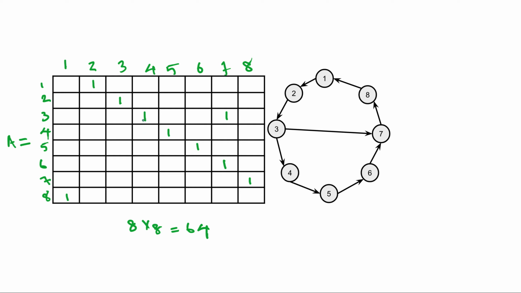But if you look at the number of edges that we have in this graph, you have 8 plus 1, 9, so you have only 9 edges, which means that 64 minus 9, which is equal to 55. Out of 64, 55 entries are 0.